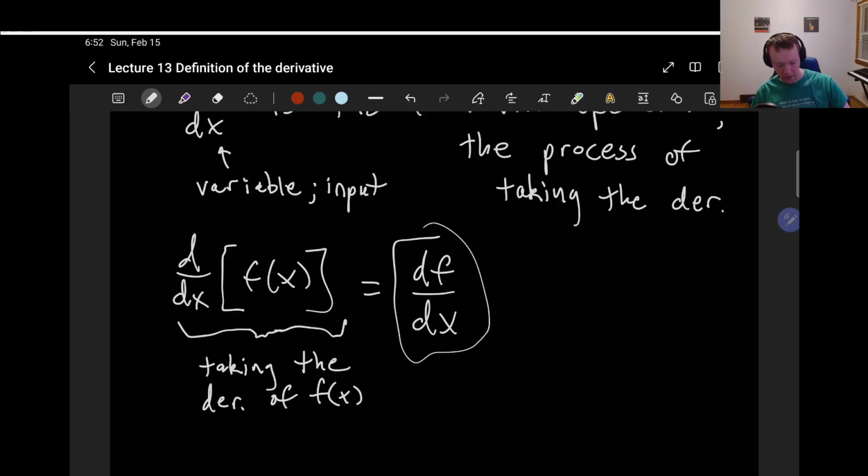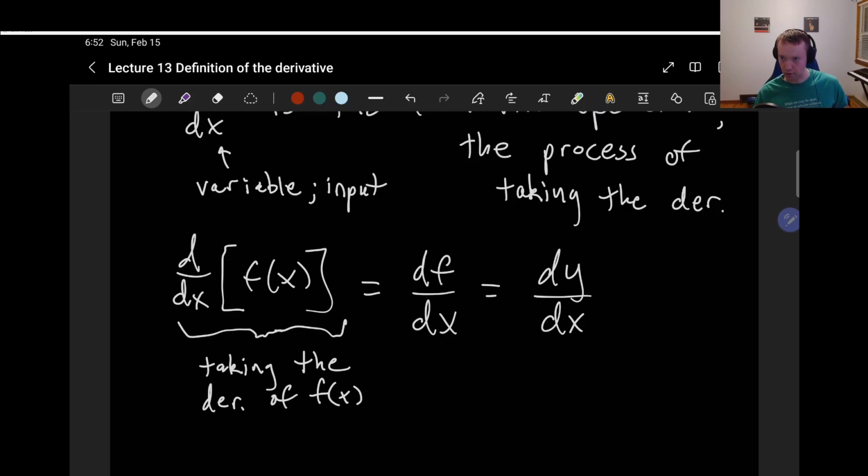But this is an actual function, the derivative, where you have df in the top. But we're not going to use that notation too much. Typically, we'll say dy dx, where y is the output variable.